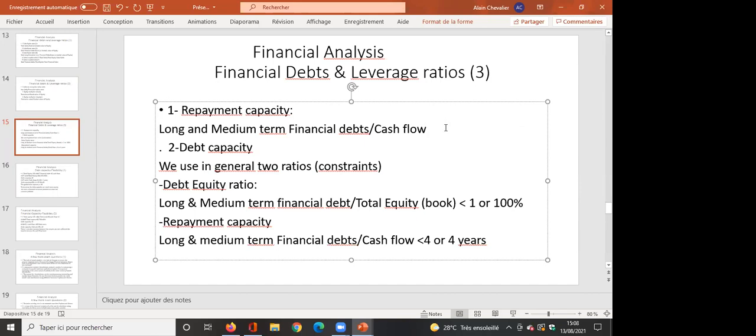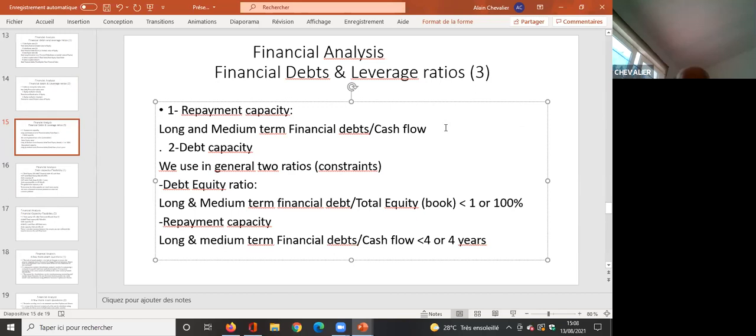divided by the cash flow. The idea is very clear. When you use measures to identify if debt is risky, if there is still a capacity to obtain new debt, we have two analyses.